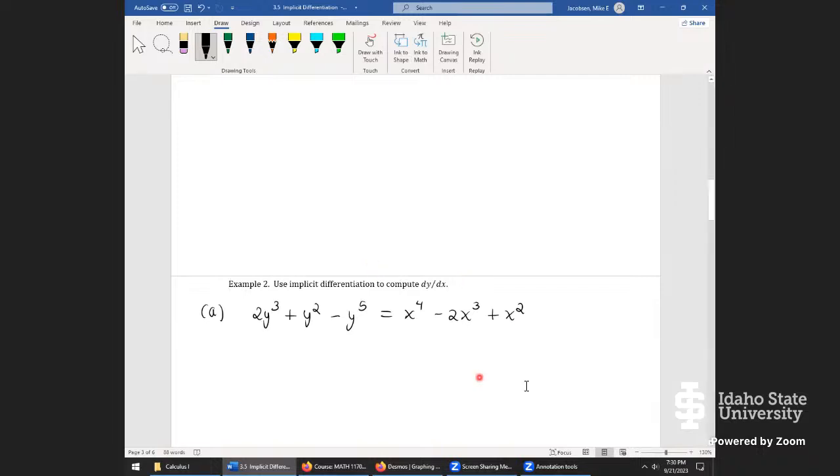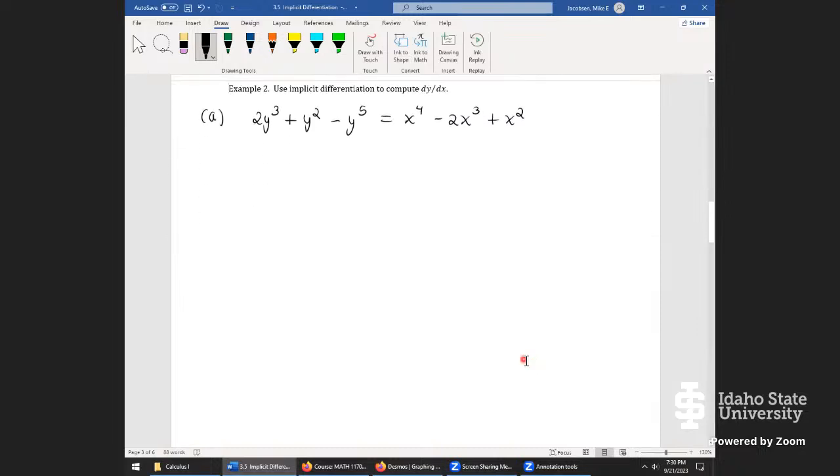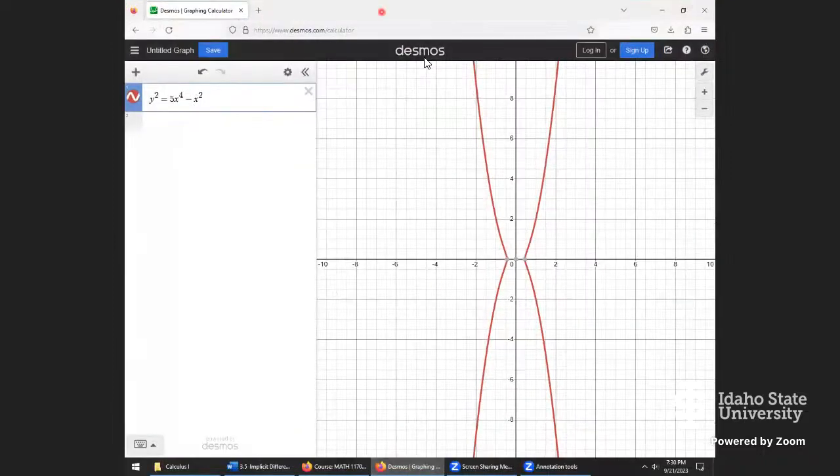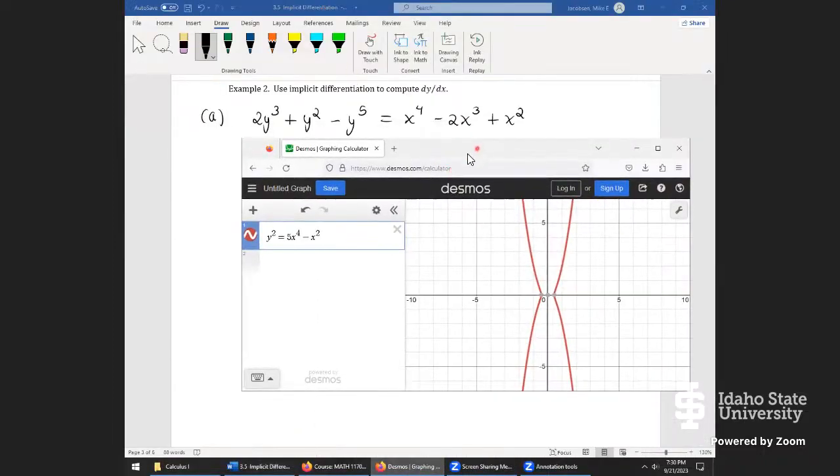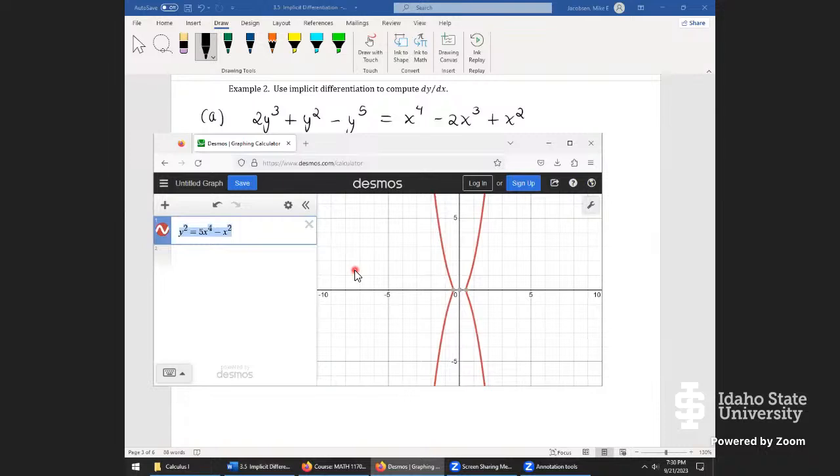And it's always kind of interesting when you do these problems to consider what is the graph of this thing. I mean, it's wild looking, right? So let's go to Desmos and just take a look at that thing. So going left to right, this is 2y cubed plus y squared minus y to the power 5 equals, and as we type this in, we start to get curves.